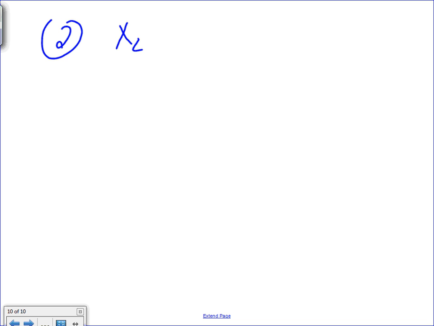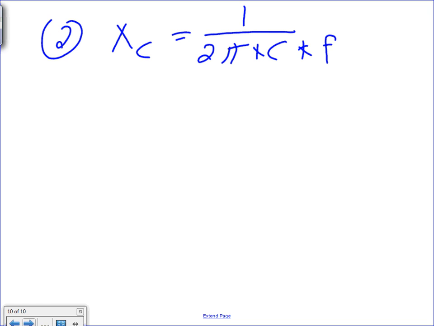Then XL. Do you guys remember what XL is? 1 over 2 pi times XC. We did XL, didn't we? Yeah. XC times C times F, frequency. How am I going to do the frequency?